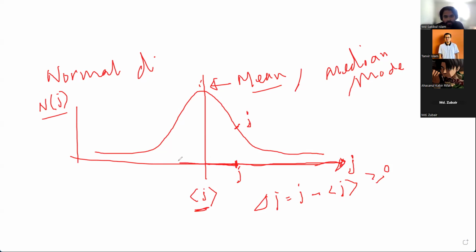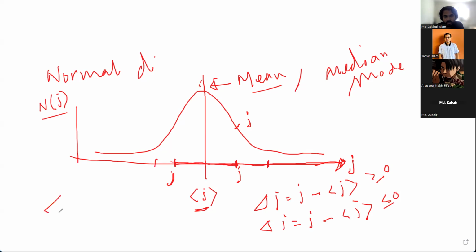And here is another value of j. The spread delta here will be negative because j minus average will be negative, since here your j is less than the average value of j. So right now you are trying to find the average of this delta.